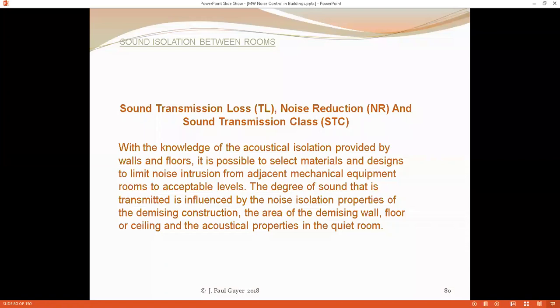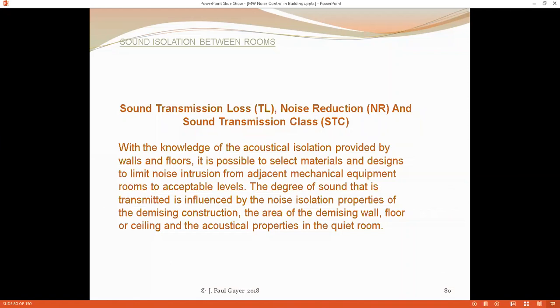sound absorbing characteristics. And all of these different things that you can do, essentially all of them have at one time or another been tested by Underwriters Laboratories to ascertain what the STC rating is of the improved barrier.